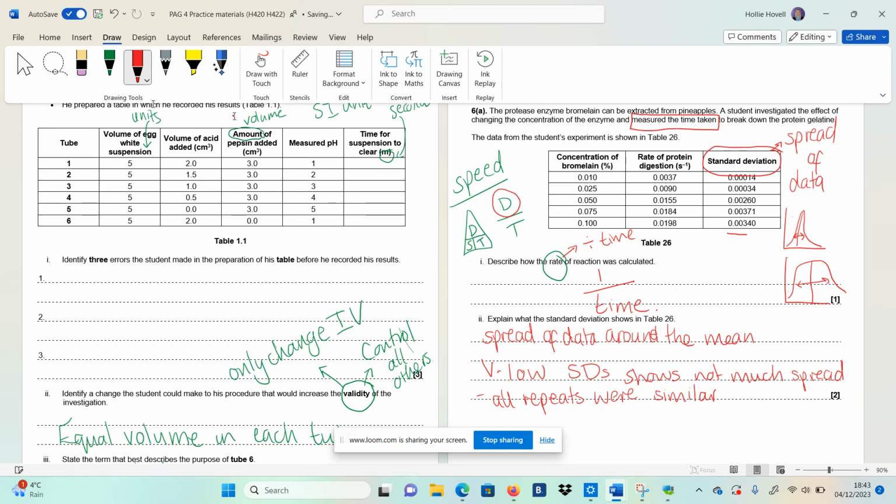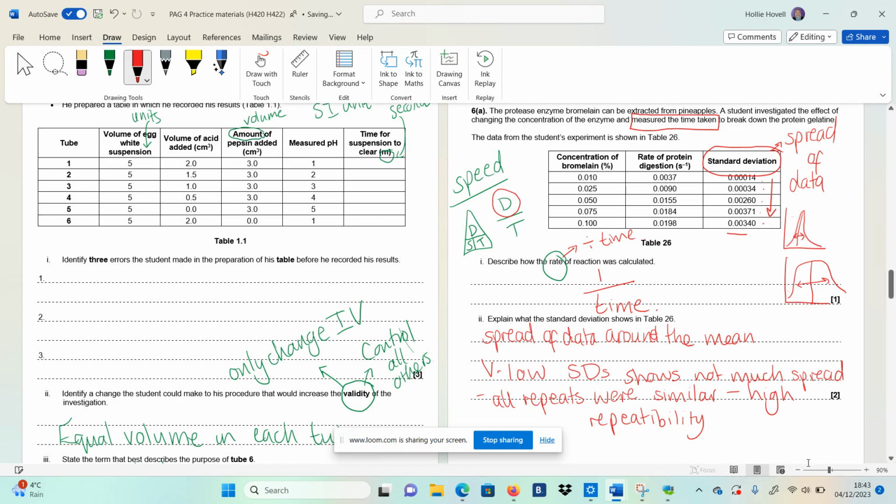And now we call that repeatability. When you repeat and they're similar, it means it's got high repeatability. Okay, now if we look for a pattern, the lowest is there. That one's a bit higher, that one's a bit higher, that one's a bit higher, that one's a bit lower. But generally, as we go down, they're getting higher, aren't they? Other than the last one.